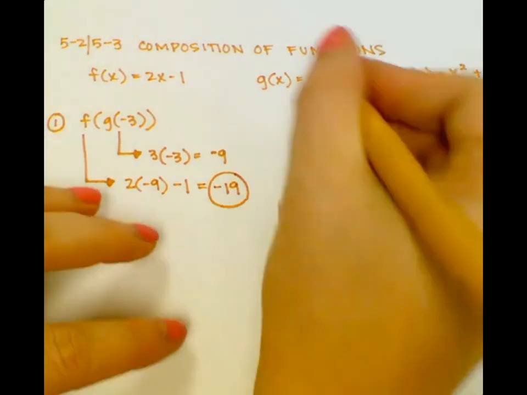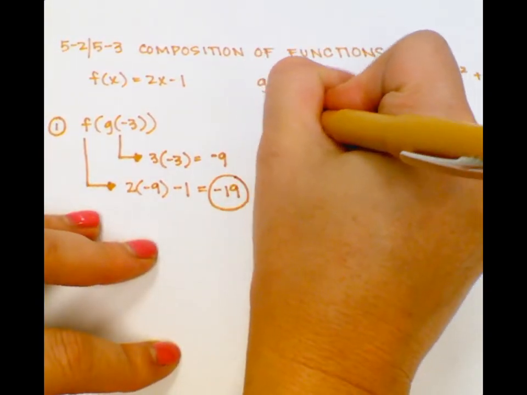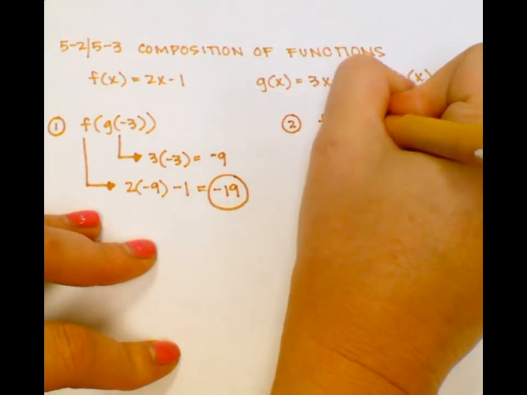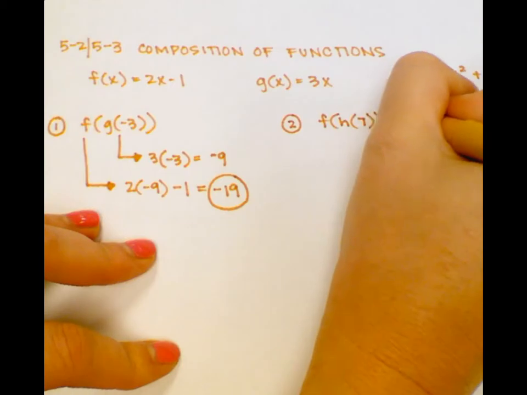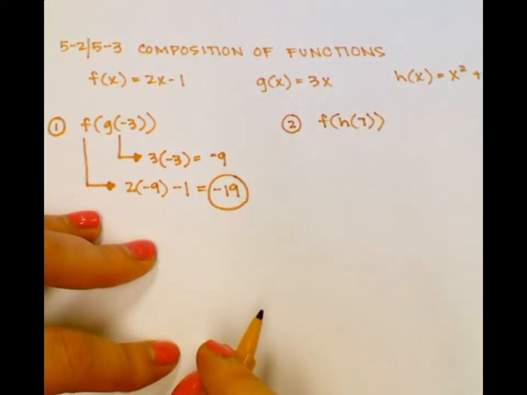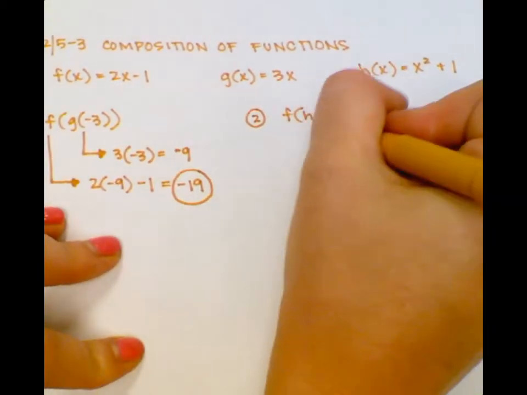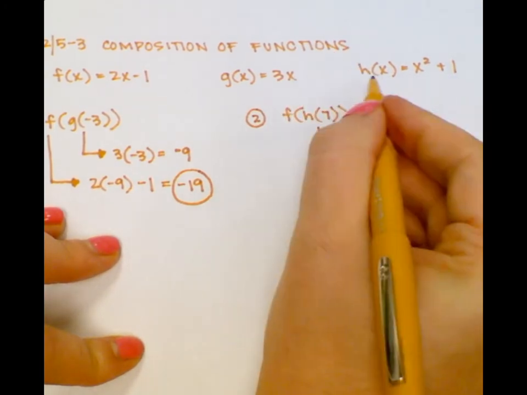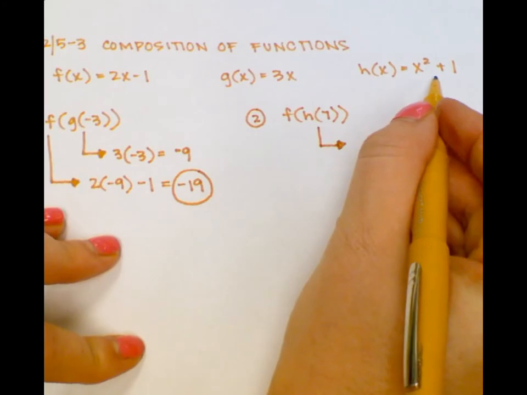Okay, so let's try it again. Number 2, let's do f of h of 7. Remember, we always start on the inside. So h of 7. Here's our h right here, and then we're going to plug 7 in.